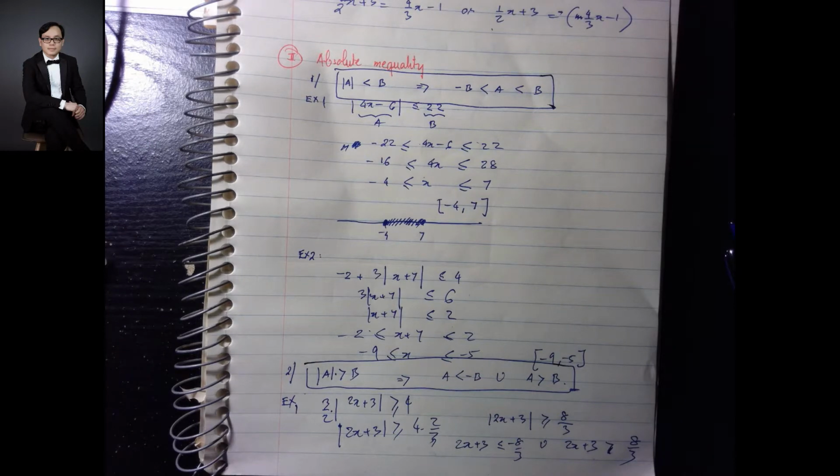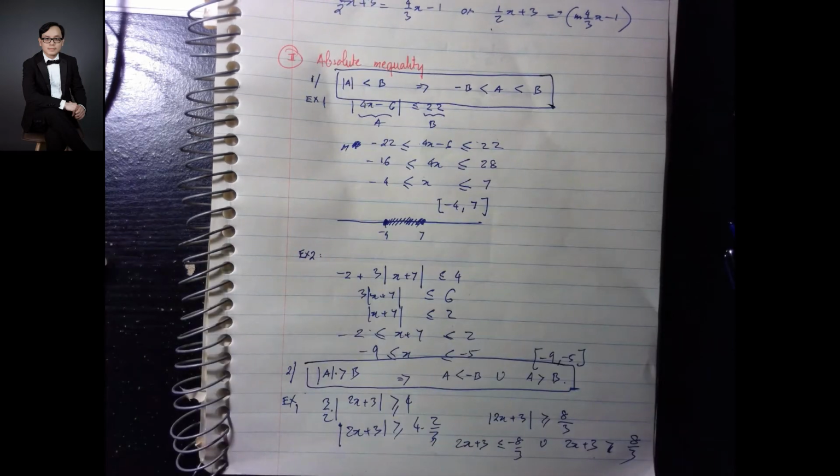And remember, you must bring it back to this form in order to apply the formula. If you have something more complicated, then you have to manipulate it some way, somehow, so that you bring it back to the forms. If you couldn't bring it back to the form, then no way we can apply this formula.